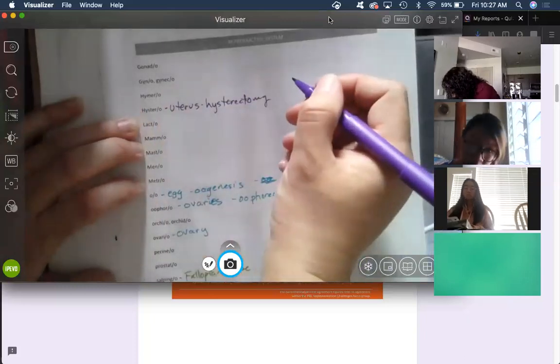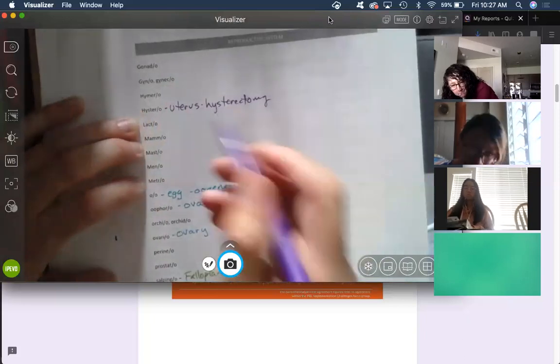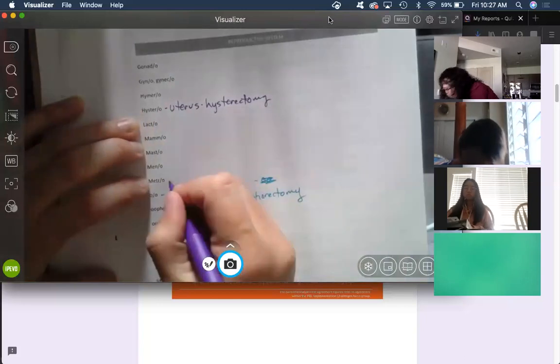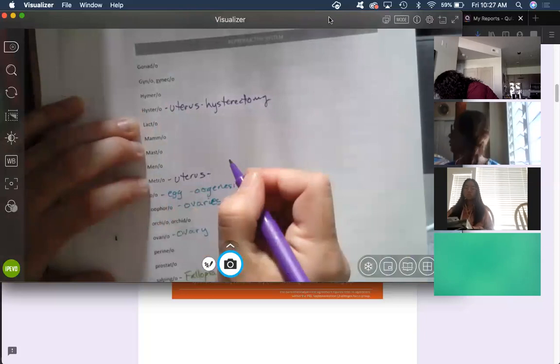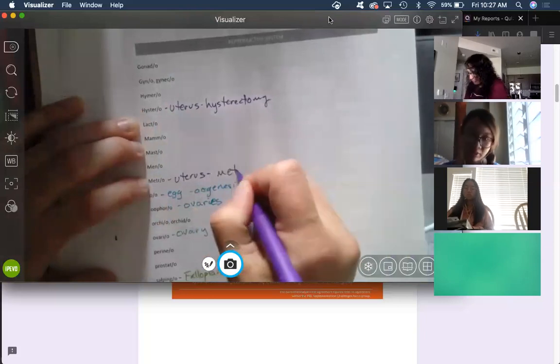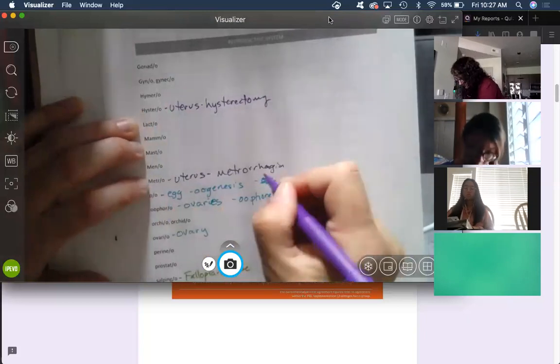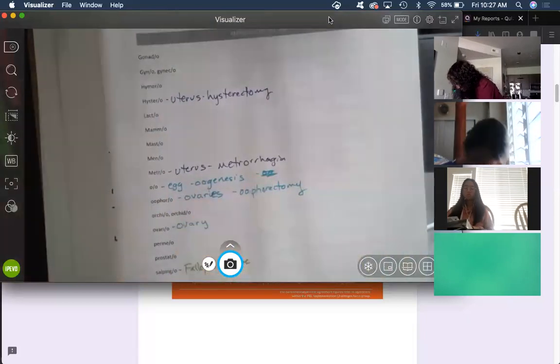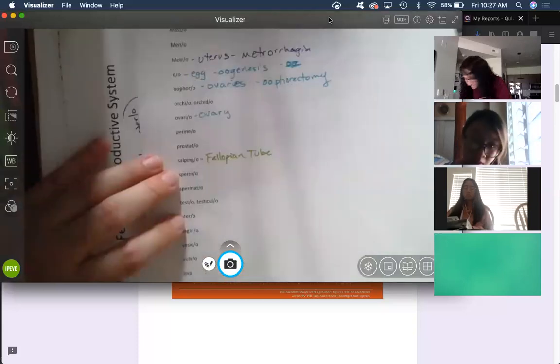We also had metro, is the uterus. Metrorrhagia would be an extreme flow of blood from the uterus. And utero is also uterus. Uterine cancer.